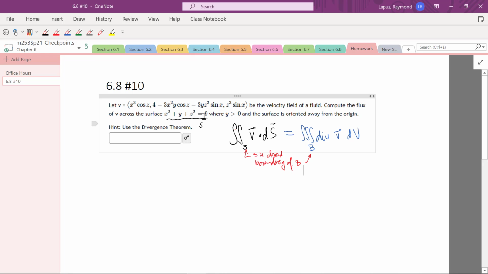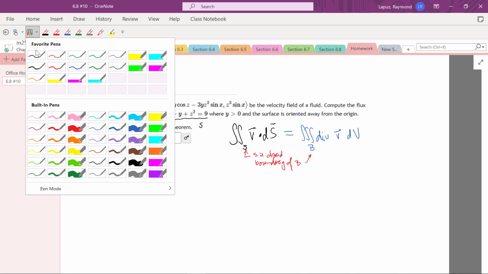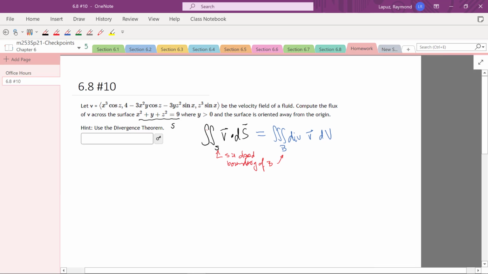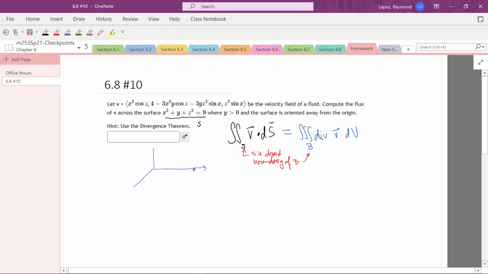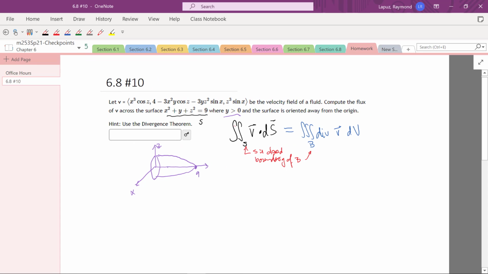So that would actually look like a paraboloid opening up, well, going to the negative y-axis. We start off at 9 here, and then it'll close in on itself on the x and the z, and it looks like it'll stop here because they want y to be bigger than 0.